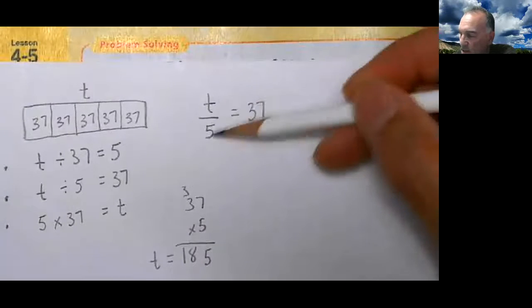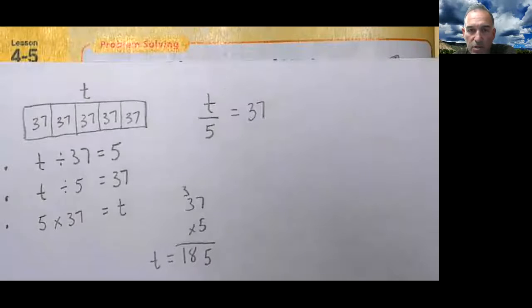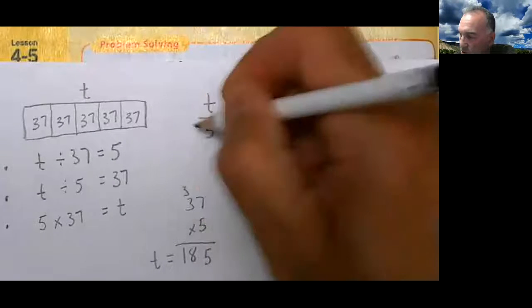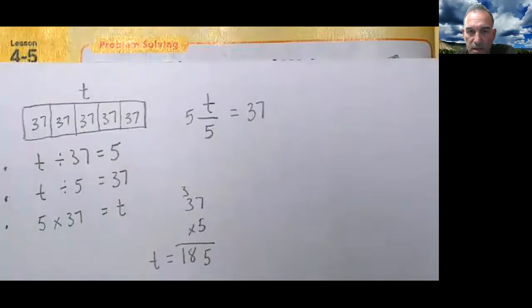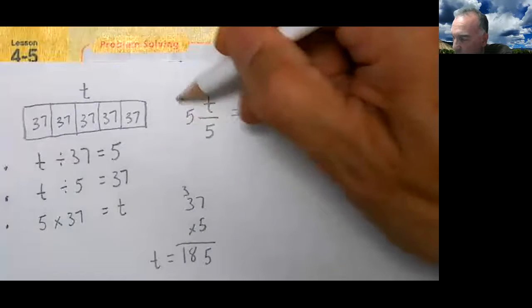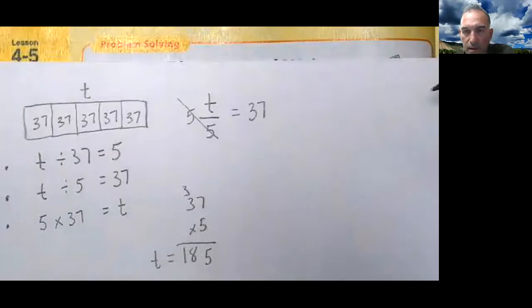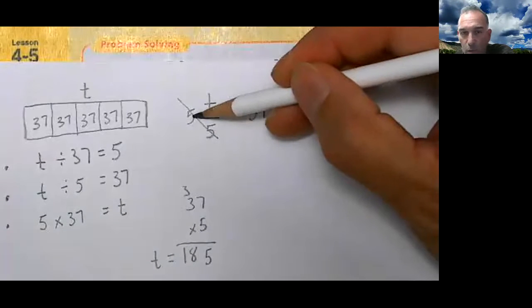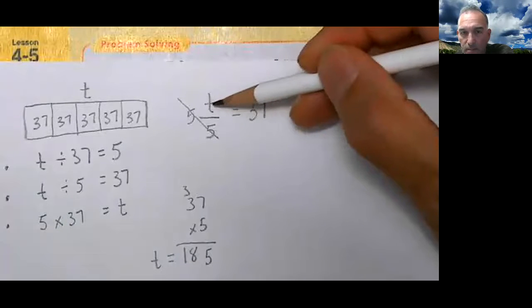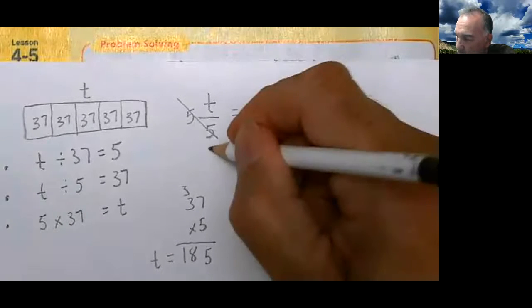Okay, I know that that's a division, so I'm going to use the inverse operation, which is multiplication. If I were to multiply this by 5, do you see how those go away? Again, because 5 divides into 5 once, times t is 1t.